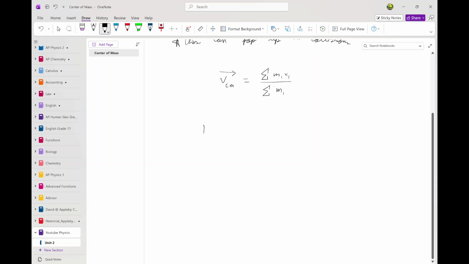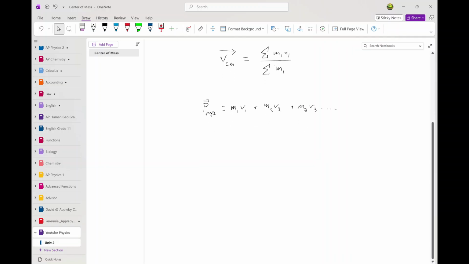So you know what momentum is, right? Momentum of a system could just be m1 v1 plus m2 v2 plus m3 v3 and so on. I can go on forever, right?